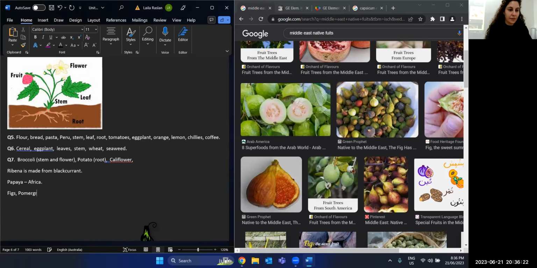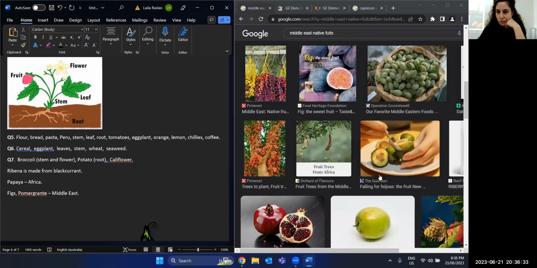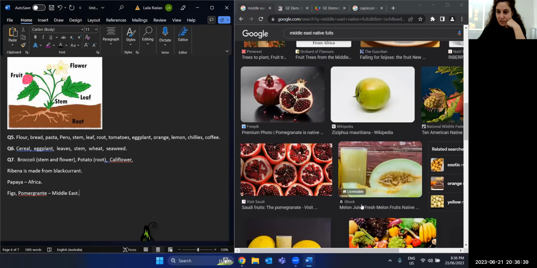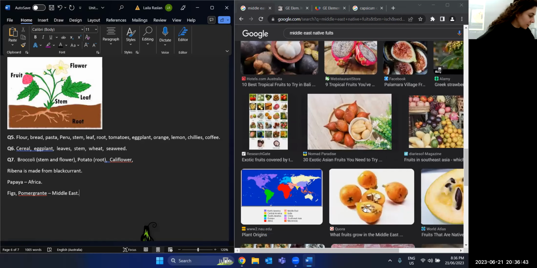Pomegranate. Yeah, that's Middle East. Yeah, interesting. I don't know, this looks so nice. Okay, so that was some answers for number 7.